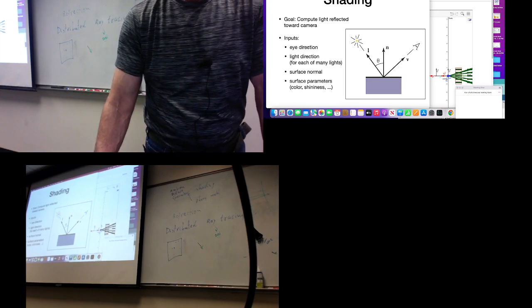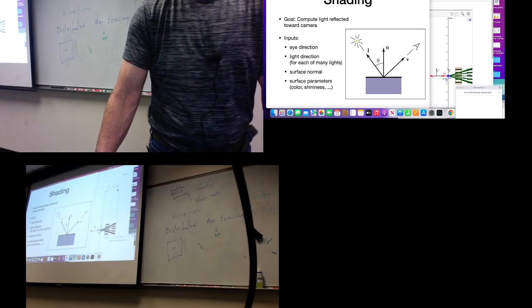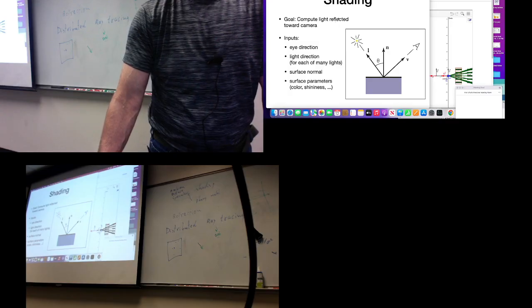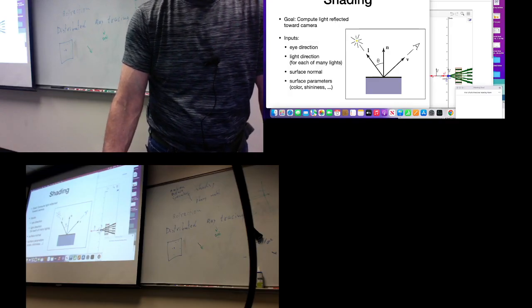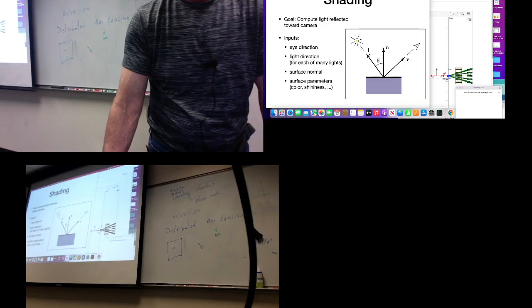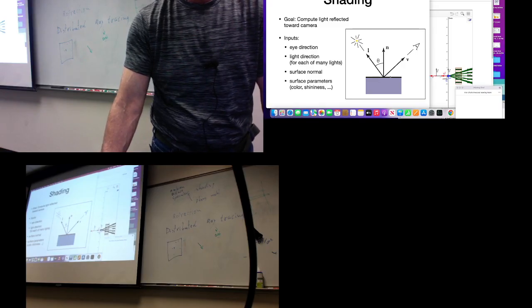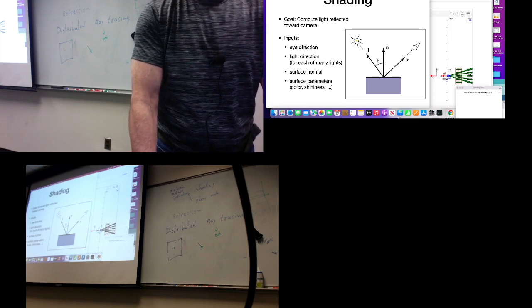So the input when we are computing the shading, and I mentioned shading and shadow are different things, don't get confused. For shading, we want as an input the light direction, L, the direction to the viewer from this particular patch of surface, V, and the normal to the surface at this point.